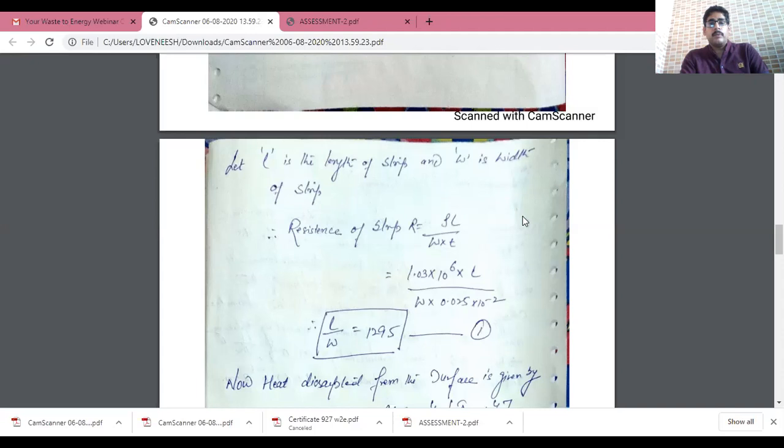So based upon this, we have to calculate its L upon W. When we calculate it, the value becomes 1295, and we call it equation number 1.